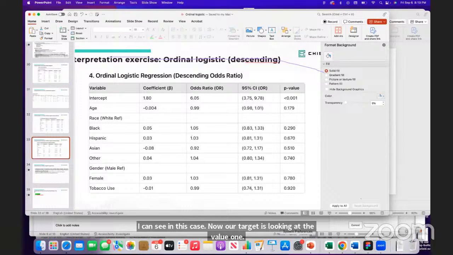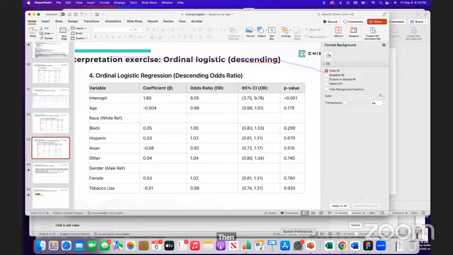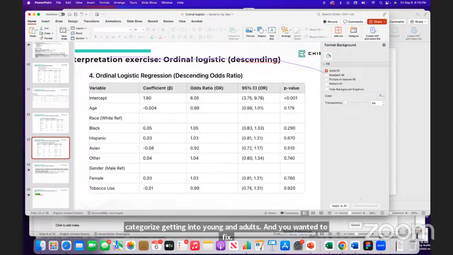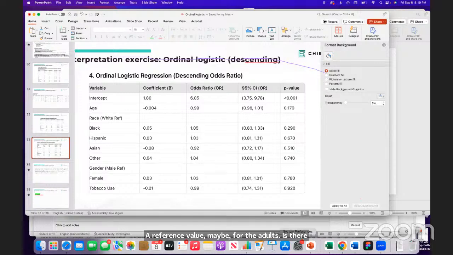Then regarding variables, you need to make a reference value. Is there anything you need to consider in making that choice? Maybe for age, you categorize into young and adult, and you want to fix a reference value, maybe for the adults. Is there any particular rationale behind making those selections?